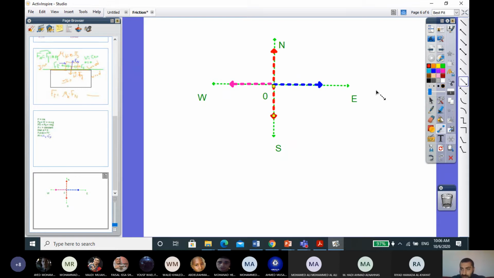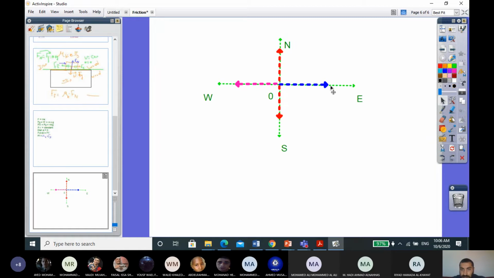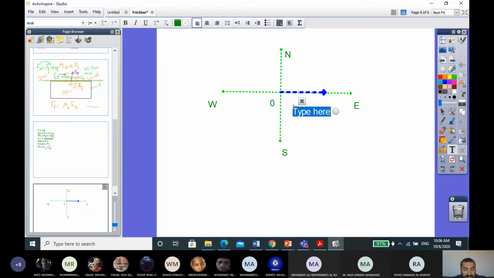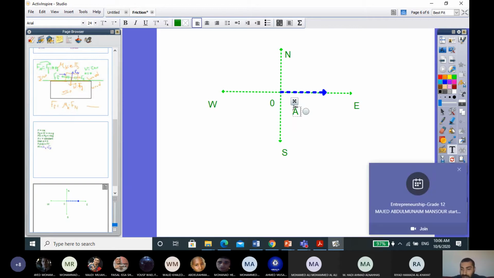Let's say, I will give you a small example. Give me 1 minute. Okay. So this is a vector. Let's call it vector A. We have a magnitude, let's say, equal to 5 meters.